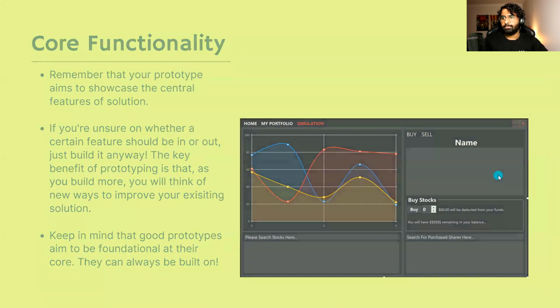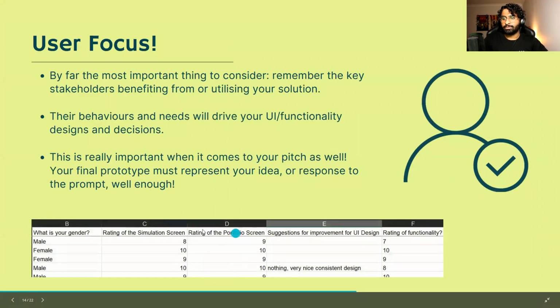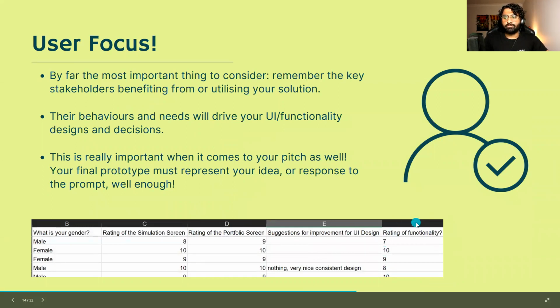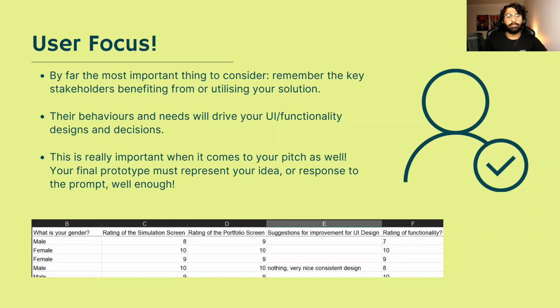Basically these two columns were rating the designs, and these three columns were rating the designs. And I had given them a basic no-code prototype to rate the functionality. I believe I had used Figma to map out how those interactions would work.